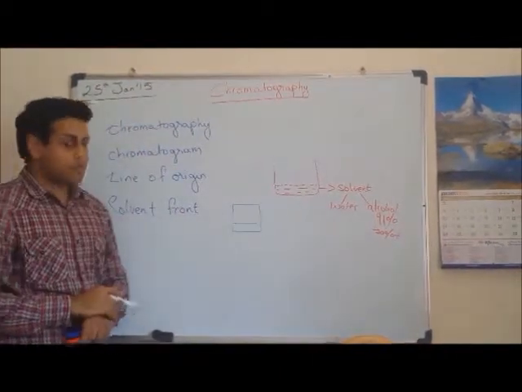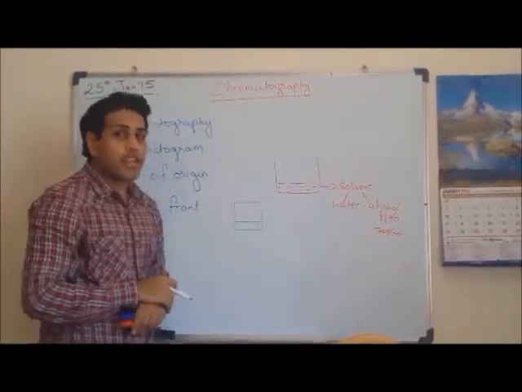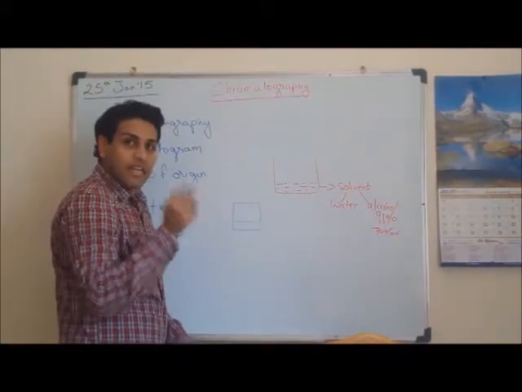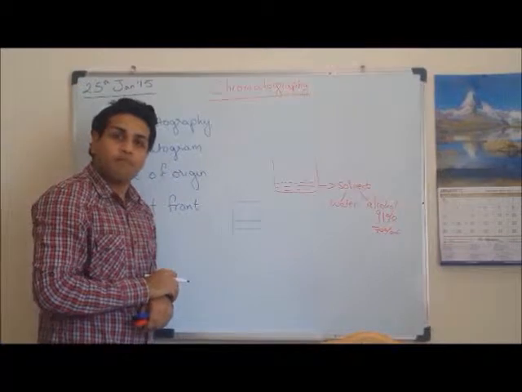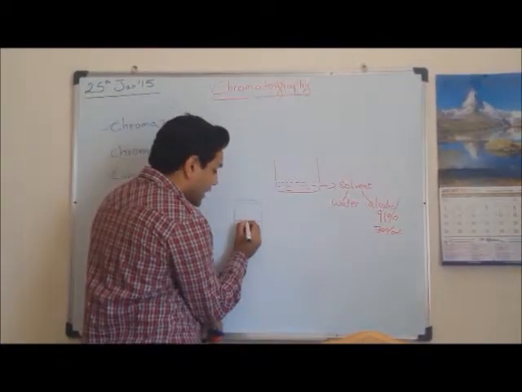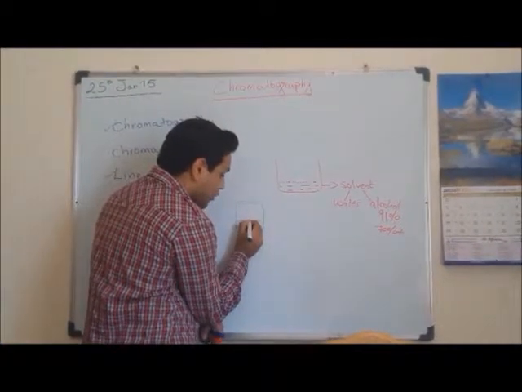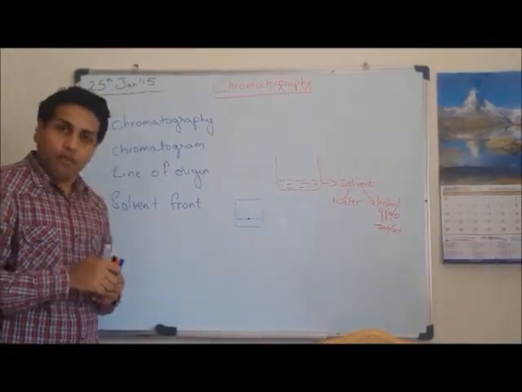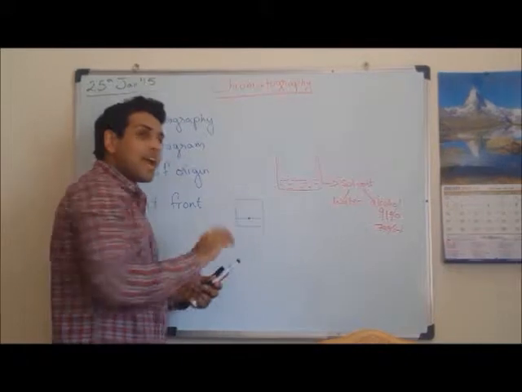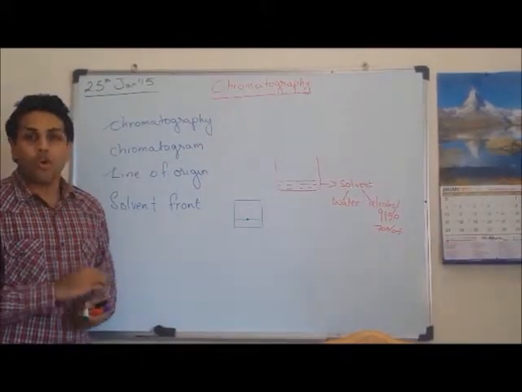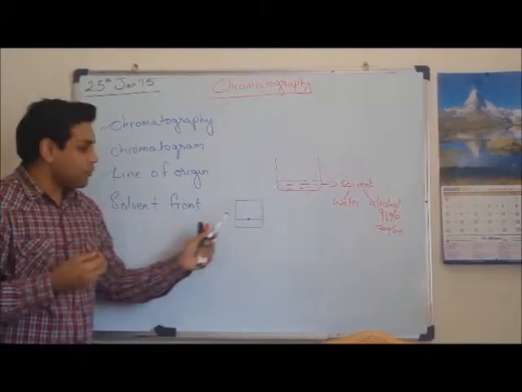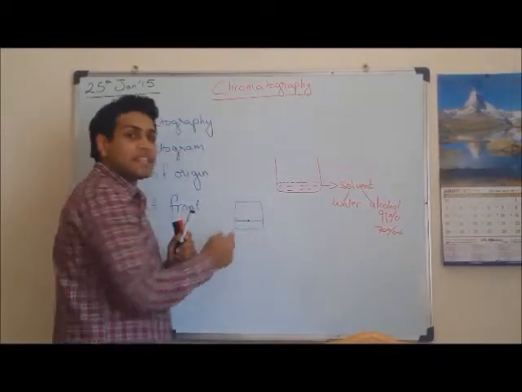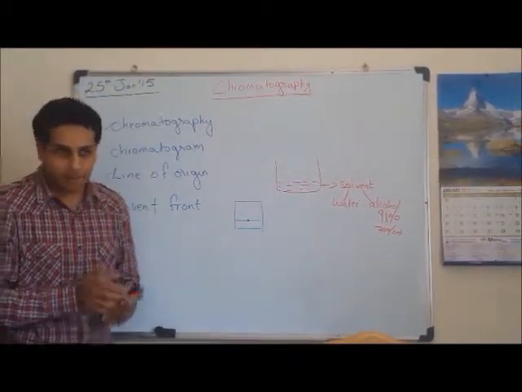Once you draw the line of origin, take a drop of the mixture using a dropper and point it right in the middle of your line and let it dry. If you want, you can put it 2 times in order to increase the concentration or the color of that substance, but make sure it doesn't increase in size when you're doing it the second time.